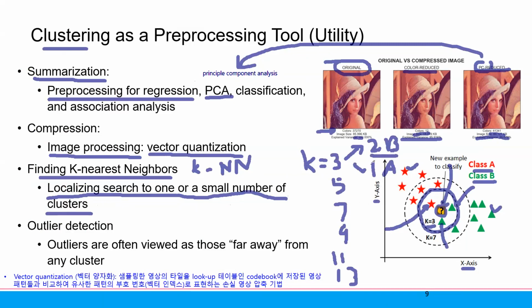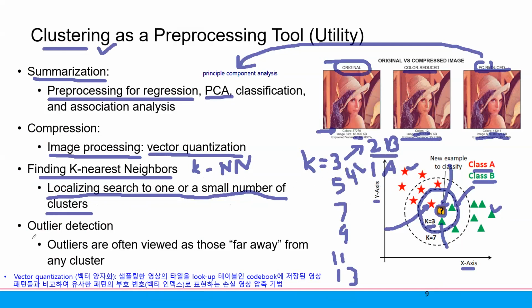Because when we have a tie, let's say we use k equals 4, and there are 2 class B and 2 class A, then we cannot decide. So that's why KNN usually uses an odd number.